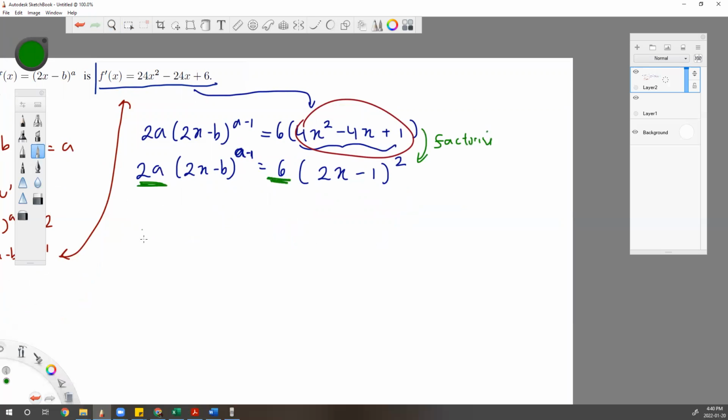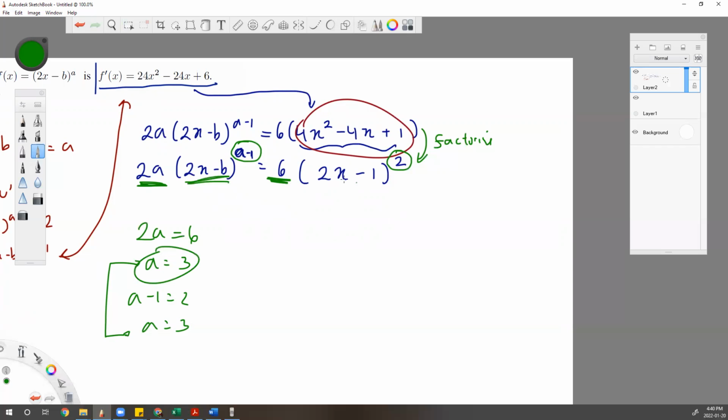2a equals 6, right? So a equals 3, and it is proven, or verified, by this. A minus 1 equals 2, so a equals 3. It is consistent. And for b, 2x minus b equals 2x minus 1, so you can cross out, b equals 1.